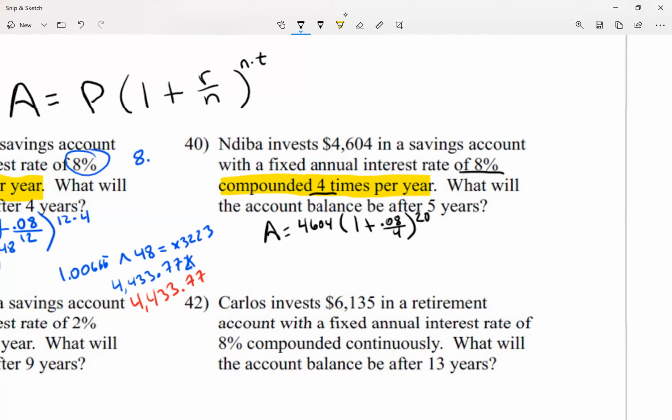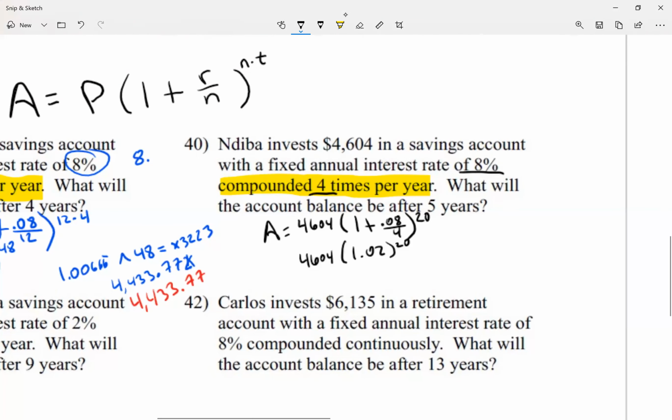So let me worry about my parentheses first. 0.08, because I have to do division before I add, 0.08 divided by 4, and then plus 1. So I have 4,604, that's a principal, times 1.02 to the 20th. Now the 1.02, because that's 0.08 divided by 4 plus 1.